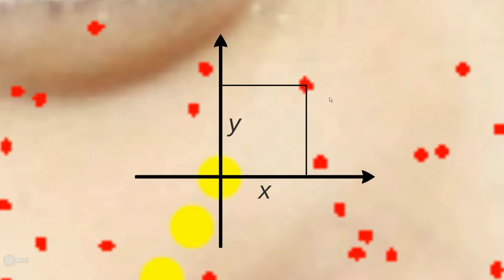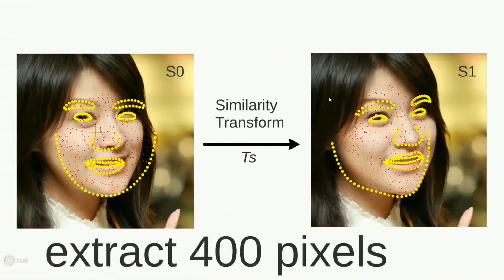For this pixel, we will find its closest landmark, which is this one. And we will find its coordinate with respect to its closest landmark. We get x and y. And then we apply the similarity transform to this pixel.